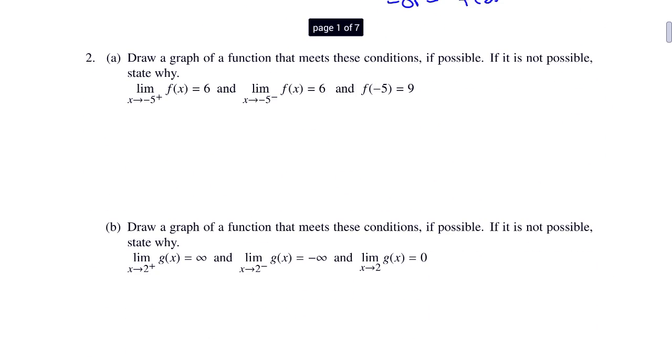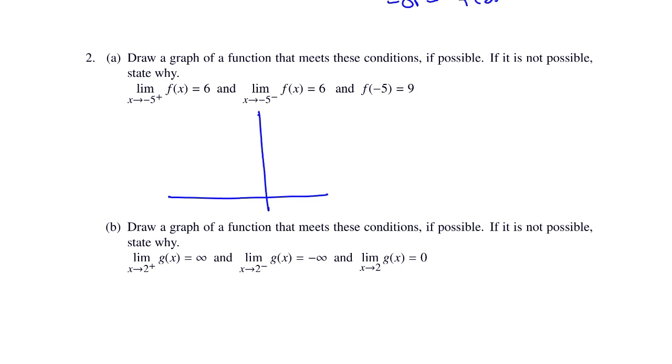Question 2, draw a graph of the function that meets these conditions if possible. So the first one is the limit as x goes to -5 from the right side is 6, and the limit as x goes to -5 from the left side is 6, but the function value f of -5 is 9. That is no problem.